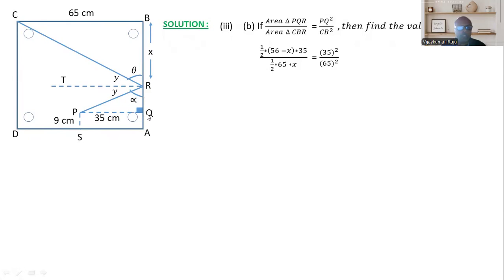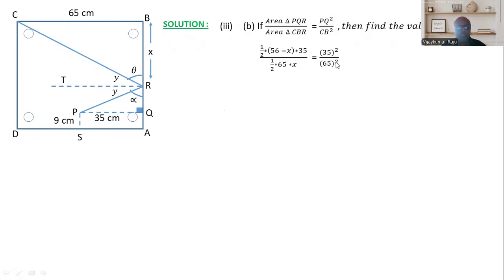Suppose QR is the base and PQ, 35, is the height, and in the other case, half into 65 into X. PQ is 35, BC is 65.